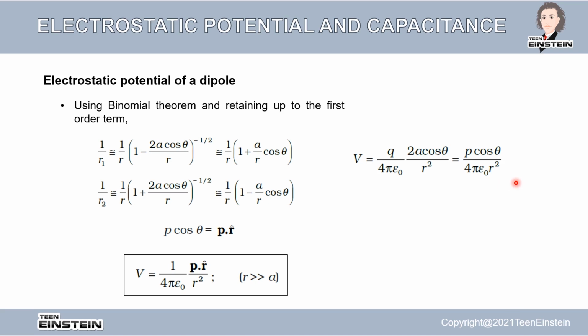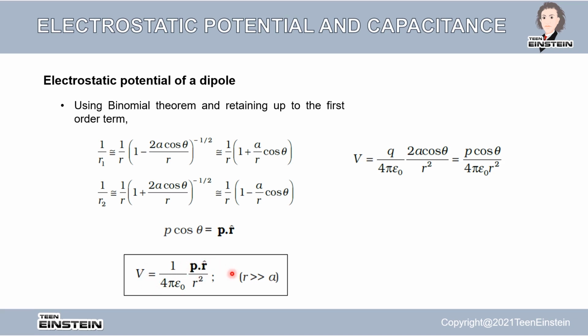In this case we have p into cos theta, which can be written as p dot r, because theta is the angle between p and r. If the angle between p and r is theta, then you can write p cos theta as p dot r cap, because r cap has magnitude 1, so it does not affect this.